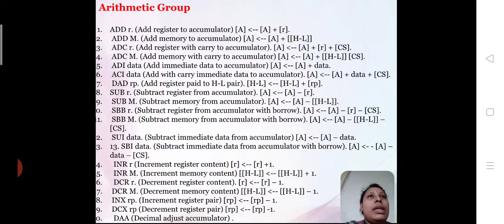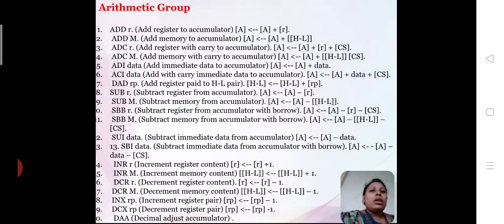All arithmetic and logical operations are performed and stored into the accumulator. So the destination is automatically the accumulator. If we give ADD R, here R is the source and the accumulator is the destination.